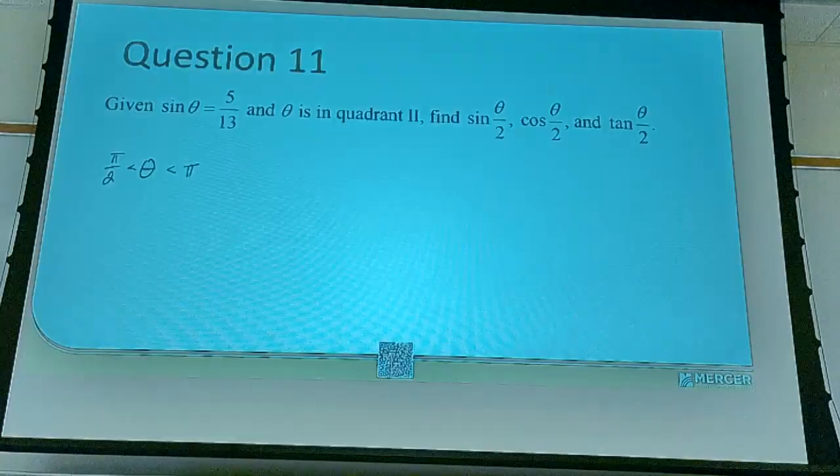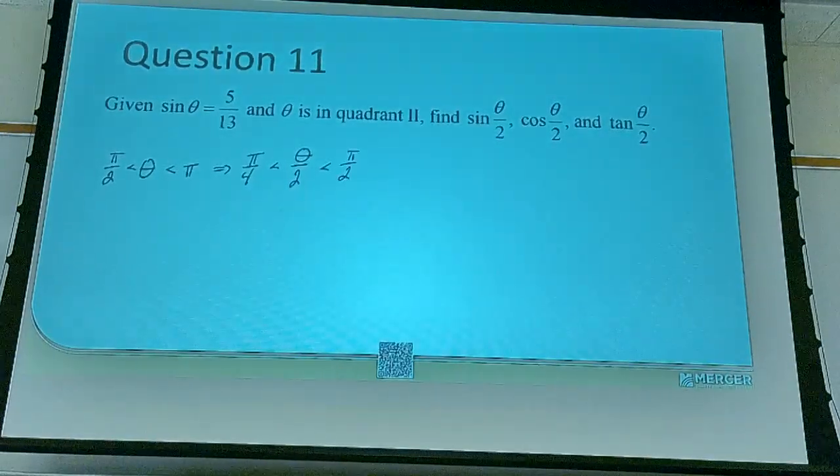We know it's between pi over 2 and pi, which means theta over 2 is between pi over 4 and pi over 2.